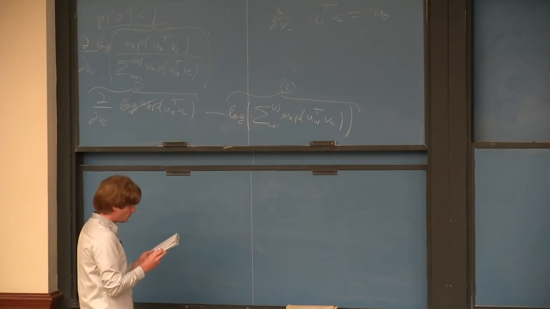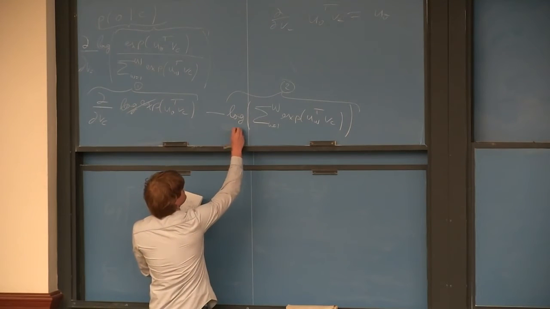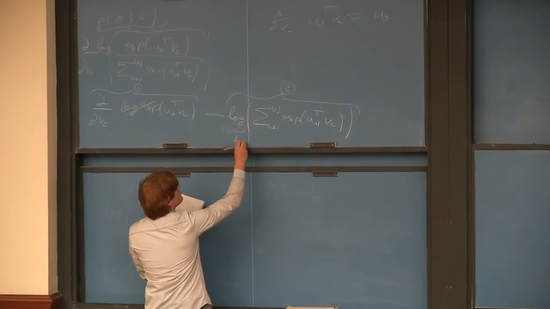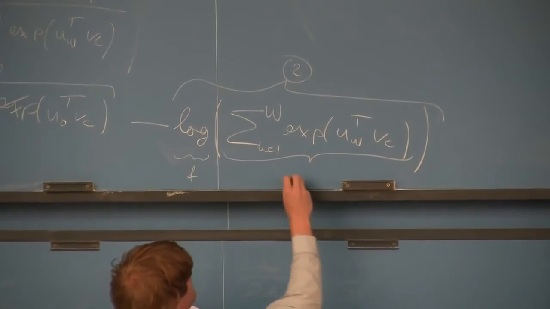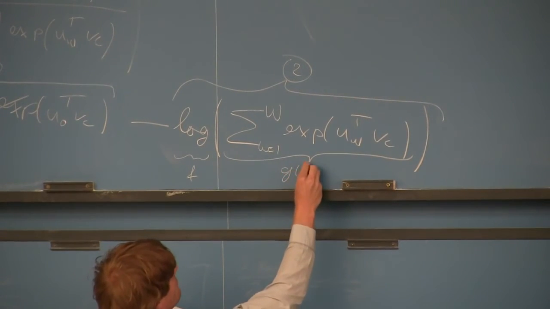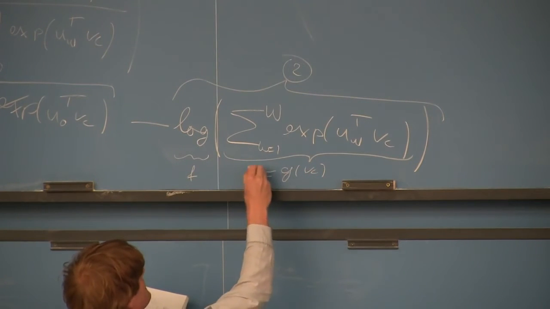So let's define some notation to make things consistent. Let's assume log is the function f, and this thing here is a function g of v_c, and we can also define g of v_c as just z.